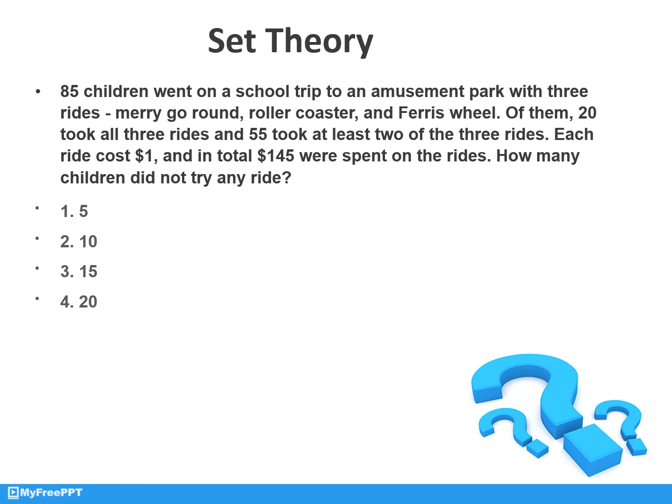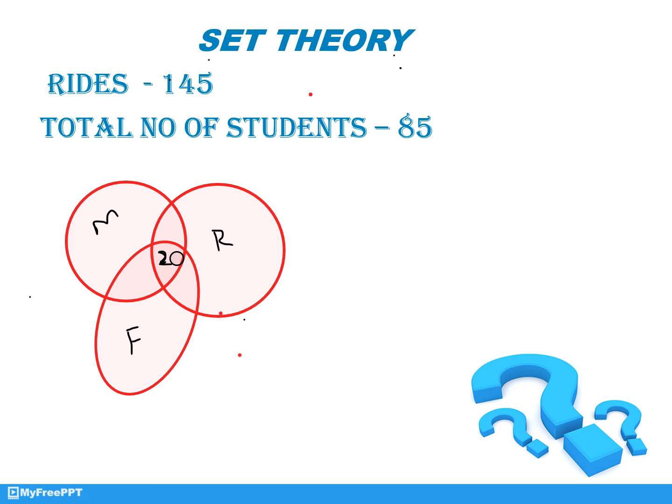So we can identify that the total number of rides was 145 and the total number of students was 85. For the three rides, that is merry-go-round, roller coaster and Ferris wheel, 20 students went on all three, so we write 20 in the inner column.